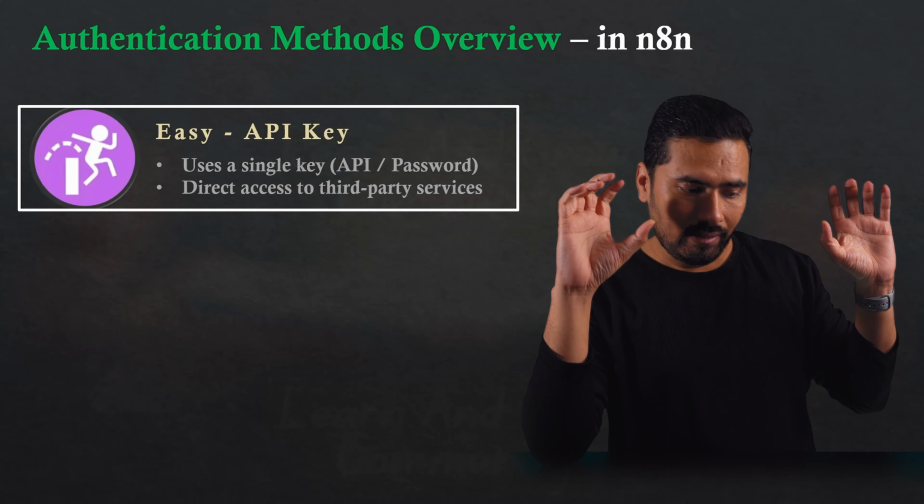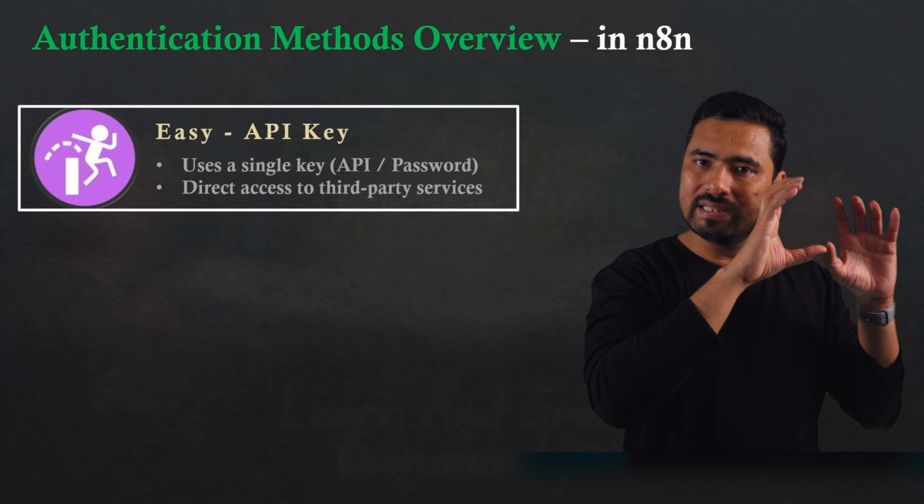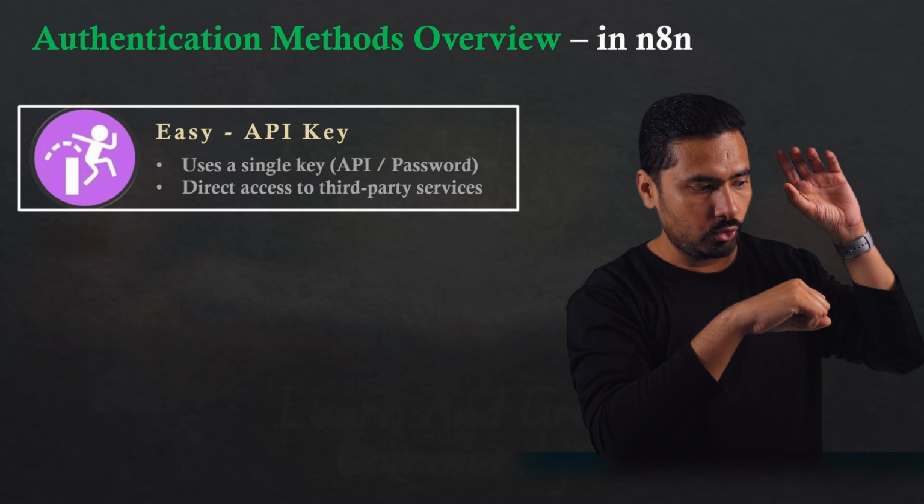Log into the tool, create the API key, copy that and use that in n8n. Simple. Sometimes it is called API key, sometimes we call it secret key, but it is just like a password to build the connection. That is why we kept them in the simple category, because you use the API key and it connects you directly to the third party tool.